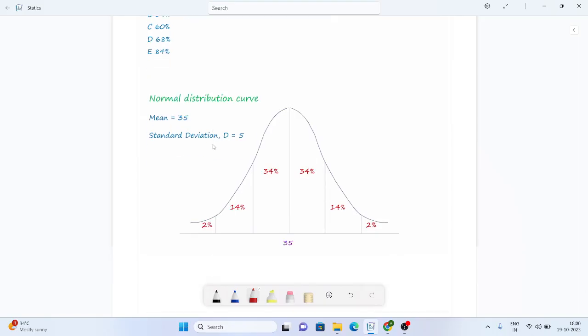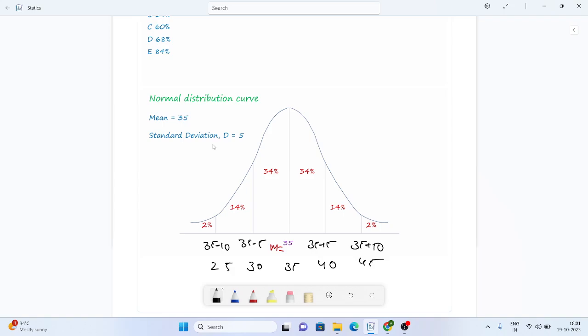So the mean is 35, standard deviation is 5. If I take the mean as 35, here we have 35 plus 5, 35 plus 10, and here 35 minus 5 and 35 minus 10. So what values do we get? We get 25, 30, 35, 40 and 45.